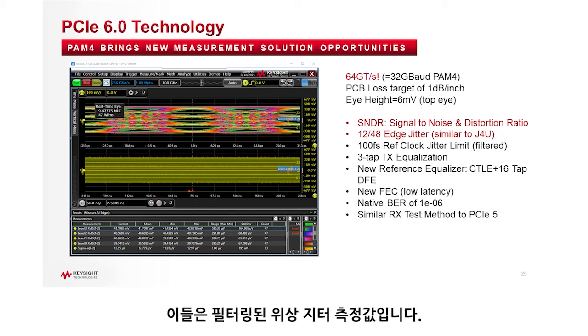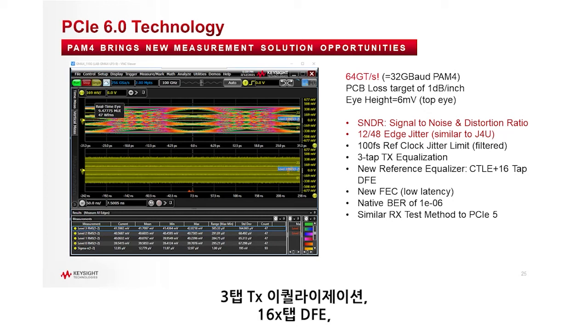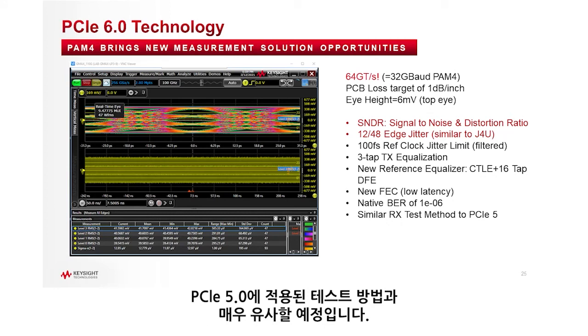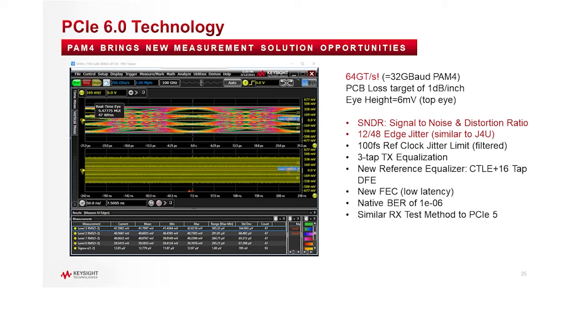These are filtered phase jitter measurements, and we'll be having to work with technologies that include 3-tap TX equalization, 16-tap DFE, new equalization, and new forward error correction, adjusting to a native BER of 1 error in 10 to the minus 6. Our overall techniques for doing receiver calibration will be substantially similar to test methods put in place for PCI Express 5.0.